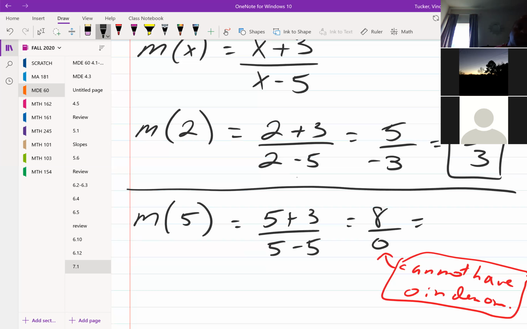So your answer would be undefined. Whenever you have 0 in your denominator, your answer is undefined. All right, questions on that first one?